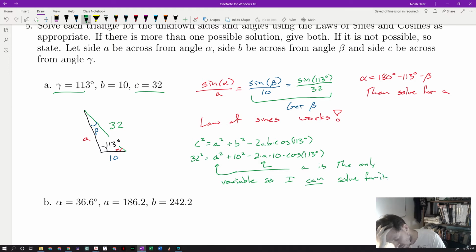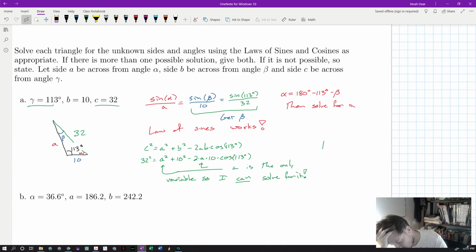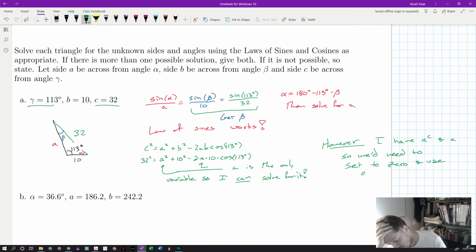However, I have an a squared and a, so we'd need to set to 0 and use the quadratic formula here.